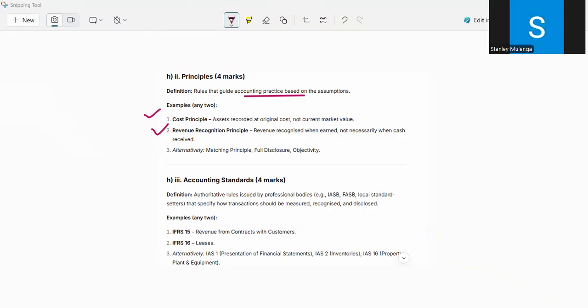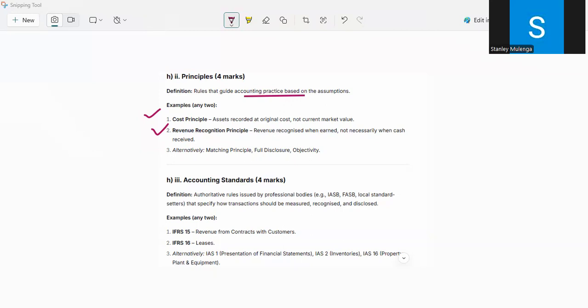We also have other principles, like the matching principle, which matches expenses with revenue, the full disclosure principle, which shows all important information that needs to be known for decision making, and the objectivity principle, which says we need to use reliable evidence. So these principles are rules for applying accounting in real life.